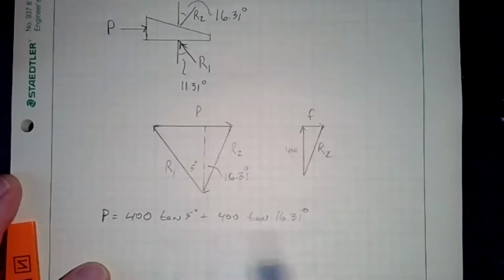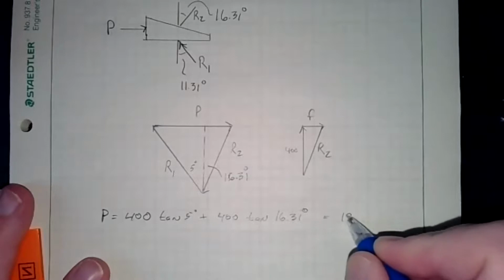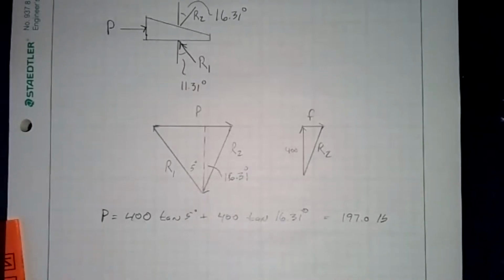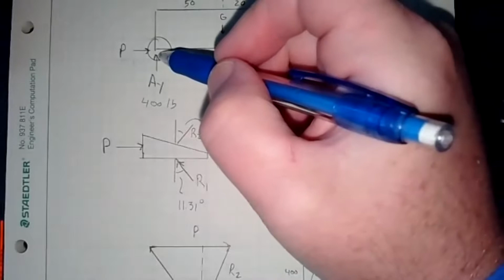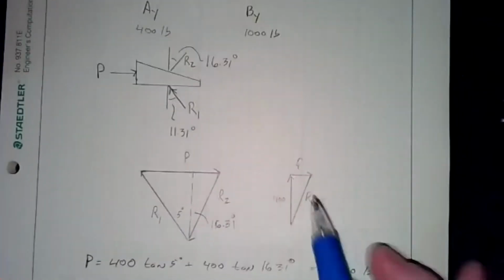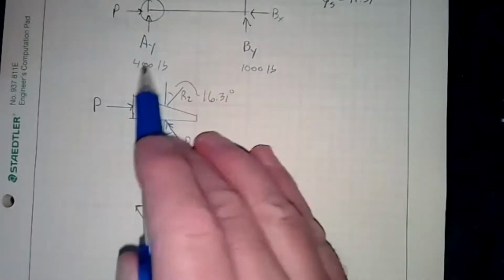Or I could have just done tangent of 21.31. Either way, it would have been 197.0 pounds. So based on the friction at this point here, it's going to take me 197 pounds to drive that wedge under that point, given that there's 400 pounds there.